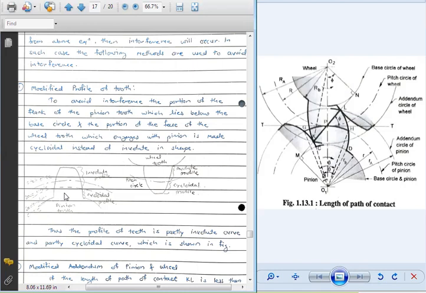So this is the first way by which we can avoid the interference in case we are not able to manufacture the number of teeth which we have obtained from the formula of minimum number of teeth or critical number of teeth. So that's it for this particular lecture. We will see the other methodologies to avoid the interference in the next lecture.